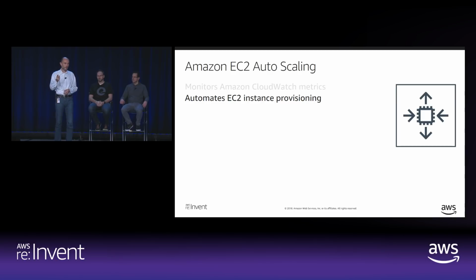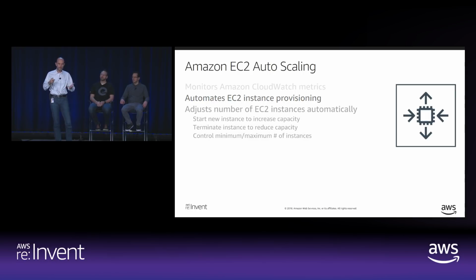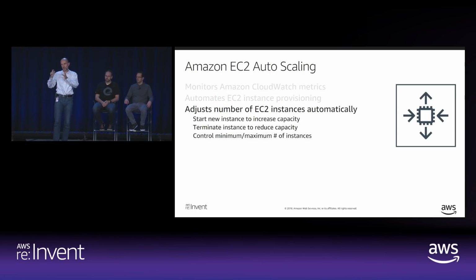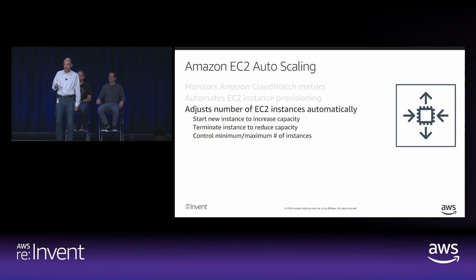So you can set up a launch configuration where you tell it everything you need to know to launch a new instance. And by combining these two things, autoscaling can adjust the number of instances that are running in your architecture automatically. So you simply set up minimum and maximum number of instances. You hook it up to a measure that helps you understand the load, and then it does its thing automatically.